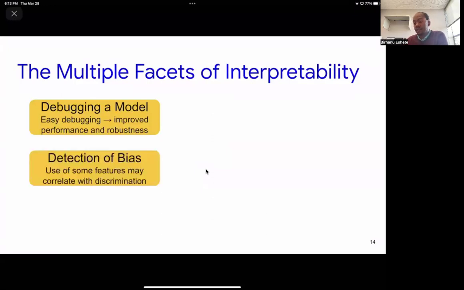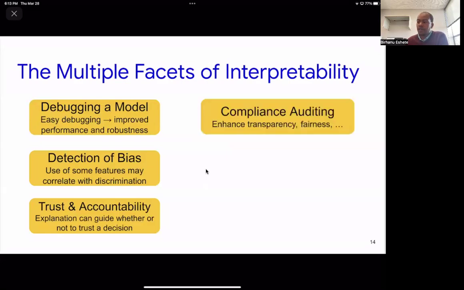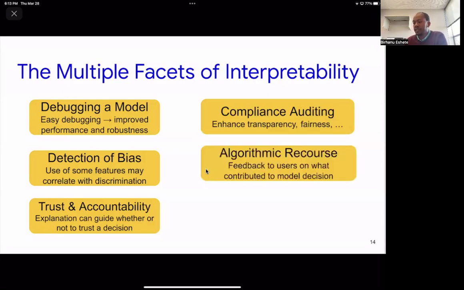Detection of bias is another use case, where using some features may correlate with discrimination. Trust and accountability is another, where the explanation can guide whether or not to trust a decision of the model. Compliance auditing is important for enhancing transparency and fairness.